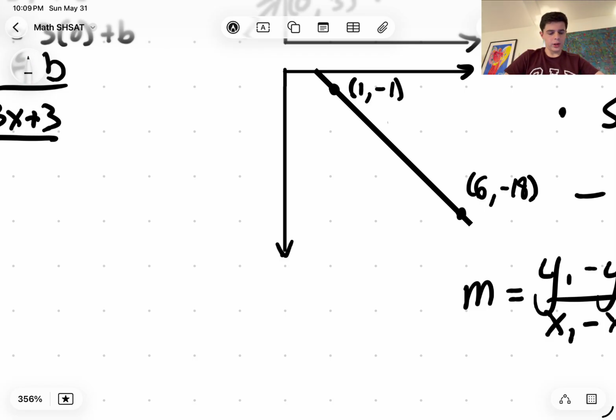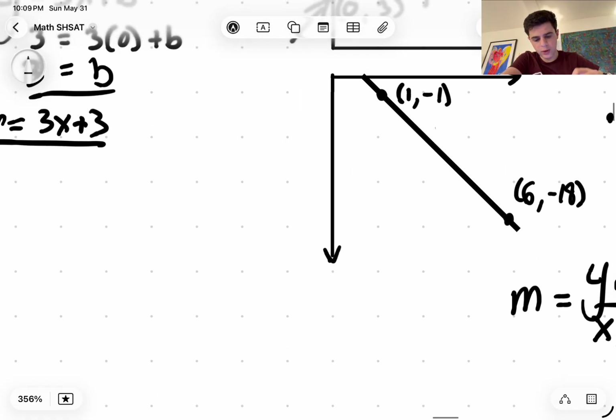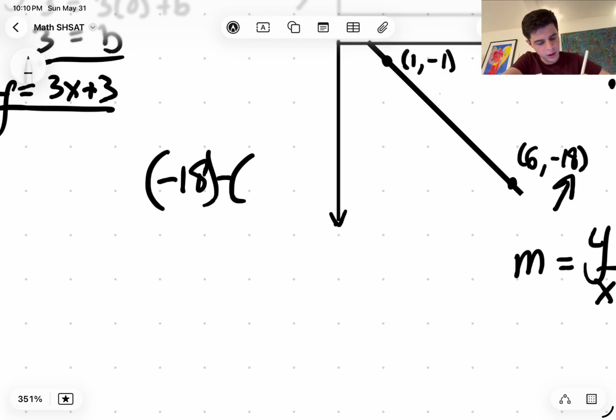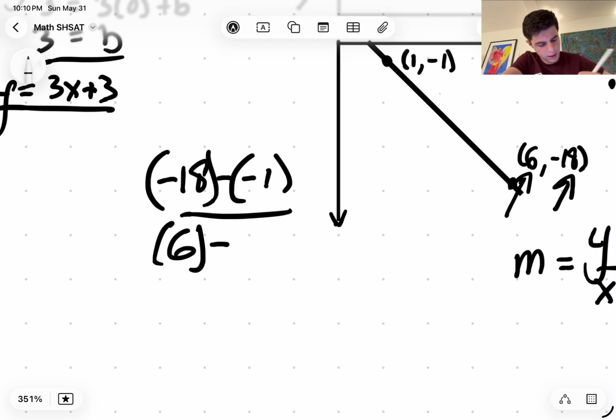So let's, like the other two we've already done, let's just calculate the slope for this. So we're going to take our first y, negative 18, minus our second y. Here, I'll put these in parentheses. Negative 1 over our first x, 6, minus our second x, 1.